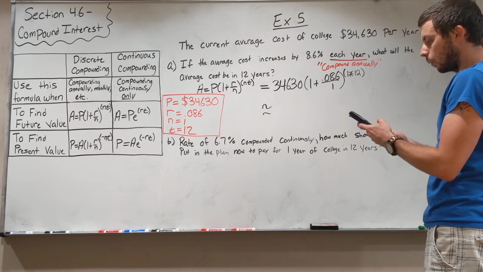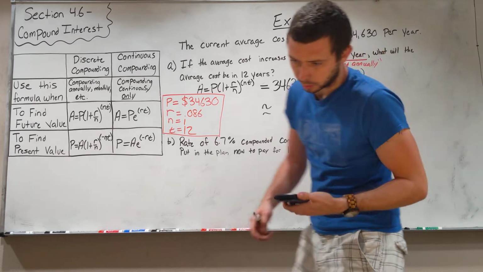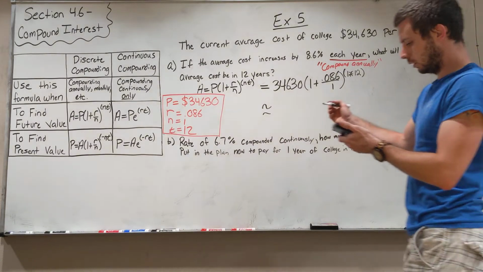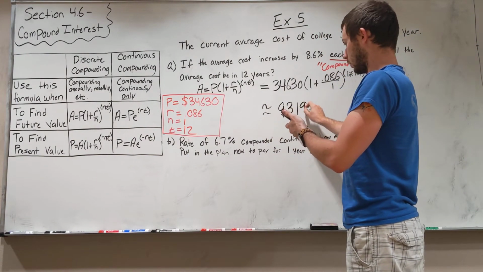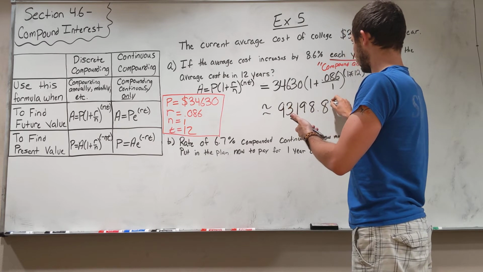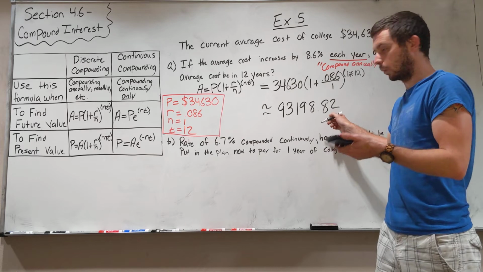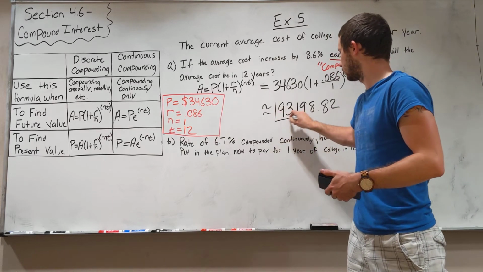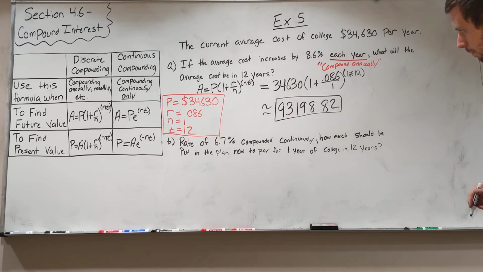So as we've done before, I get 93,198. Is that what I should get? Seems good. So 93,198.82. And again, we're rounding to the nearest cent, so we'll go ahead and bump up the 8.1 to an 8.2 because there's a 5 after it. And so that would answer part A.